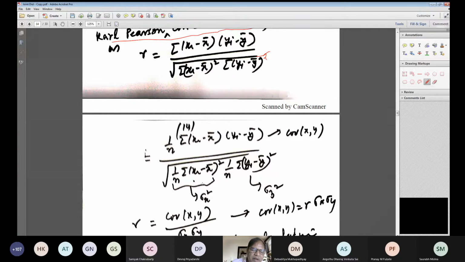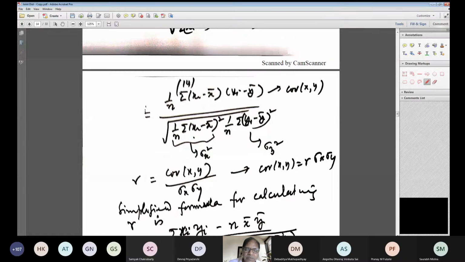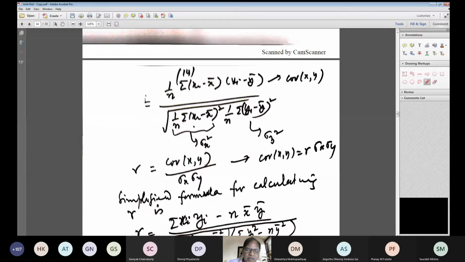If you remember, given n observations, we calculate the mean as the sum of the observations divided by the number, and we calculate the variance using the formula 1 by n summation xi minus x bar whole square. So usually this is the formula used to calculate the correlation coefficient, and we normally represent it as covariance xy by sigma x sigma y.